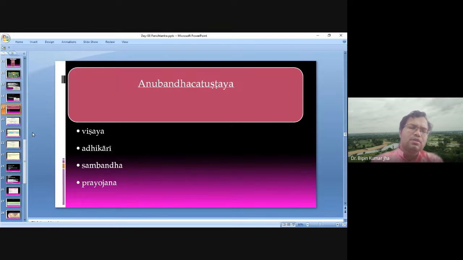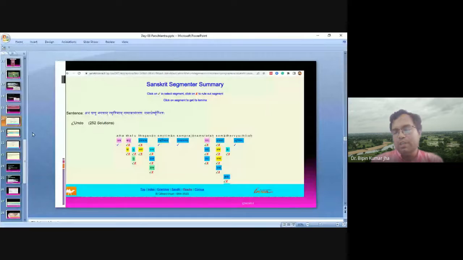Each and every text is equipped and well defined according to these terms: Vishaya, Adhikari, Sambandh, and Prayojan. And I have given some specific tools so that you can extract the meaning or split the words and find meaning. So you can utilize all these things.